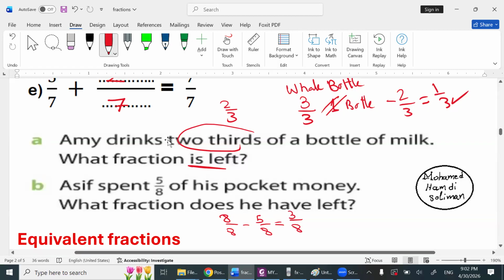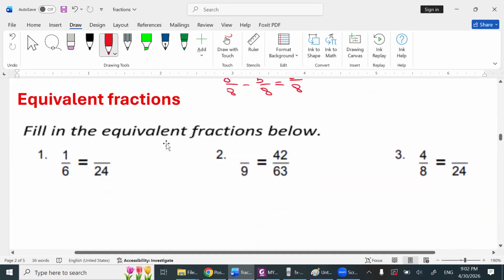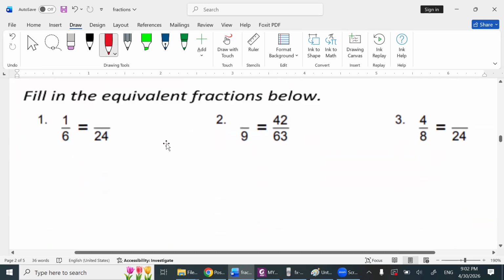Equivalent fractions. Equivalent fractions are two fractions which are equal in size but different in numbers, or form. You can write a fraction in so many forms. They will be equal in size but different in form. You can calculate an equivalent fraction if you multiply or divide the numerator and denominator by the same number.